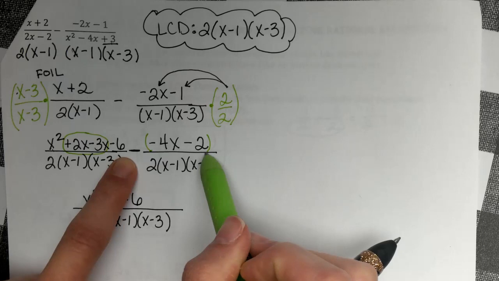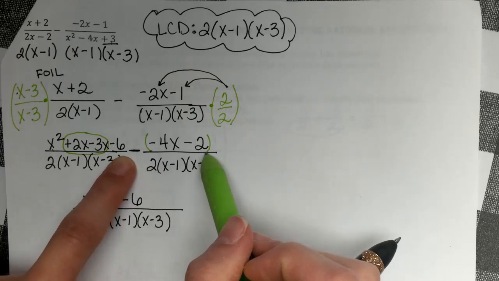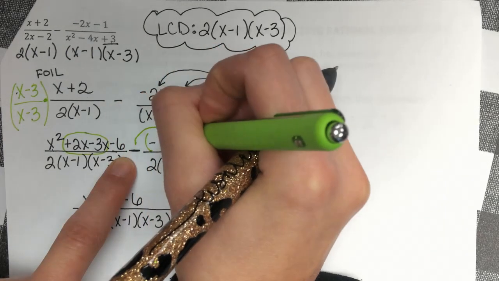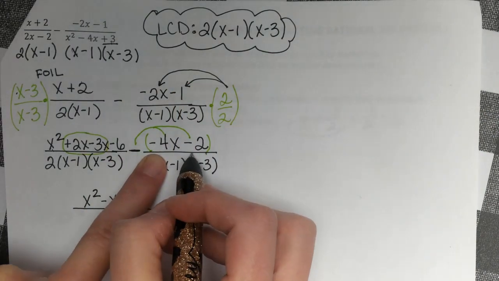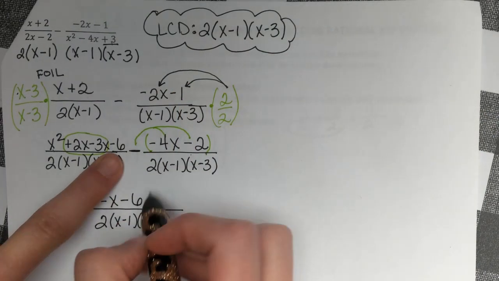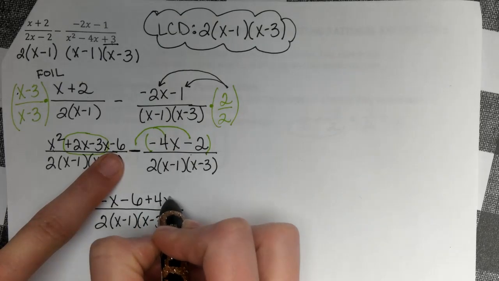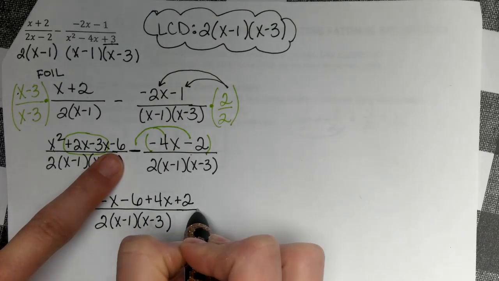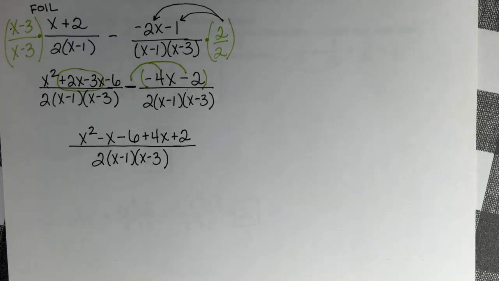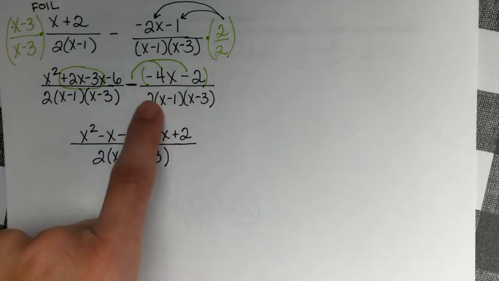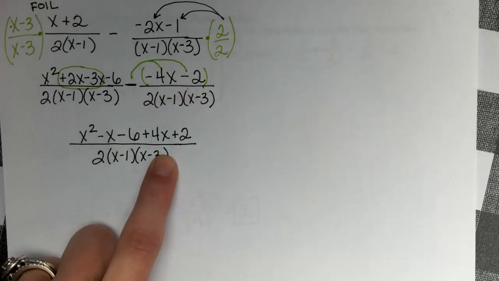You have to be careful here. I'm subtracting it, so I'm distributing this negative. So both of those terms become positive. So it's now a plus 4x plus 2. Okay, so I combined my x's for this, and then I distributed my negative to get the 4x and 2.